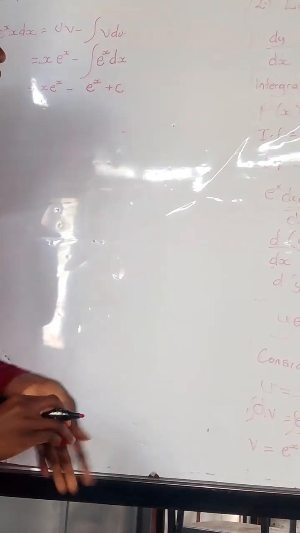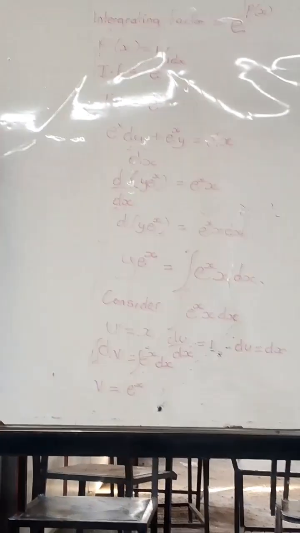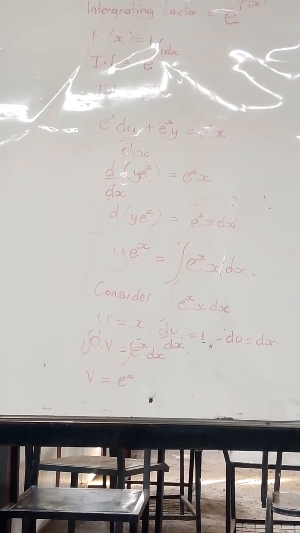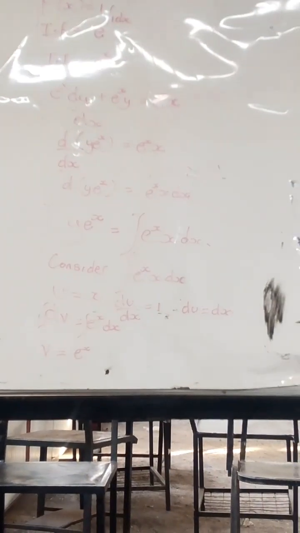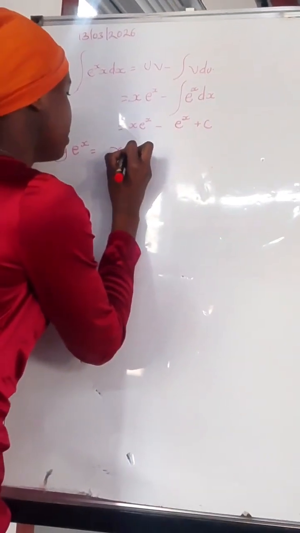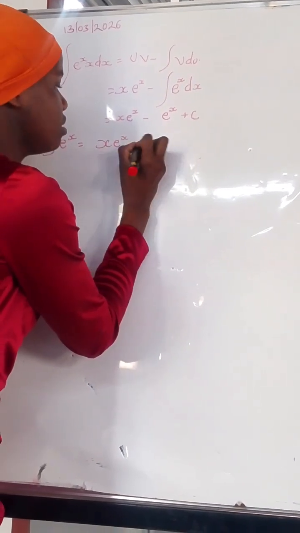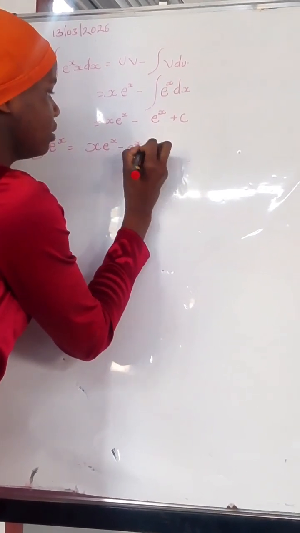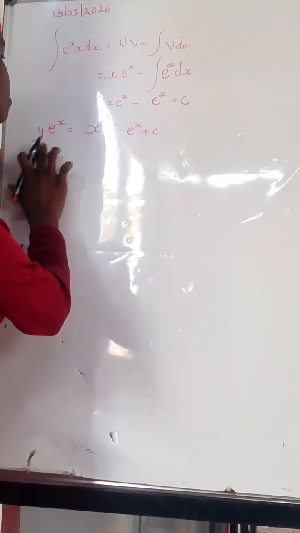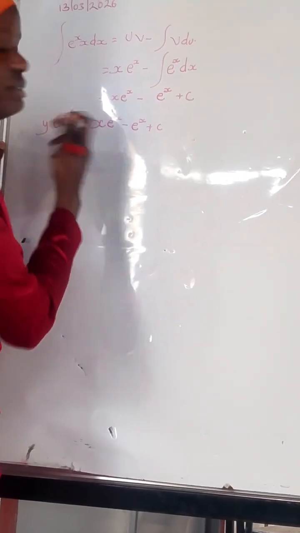Then we go back to this. y e power x shall be equal to this one, x e power x minus e power x plus c. We can divide through by e power x.